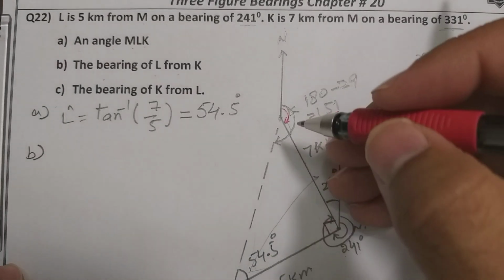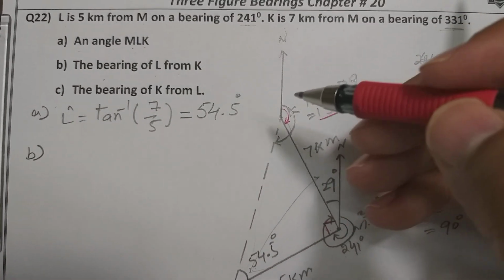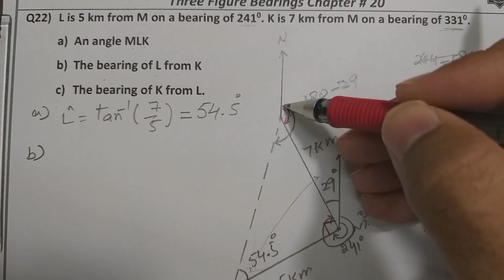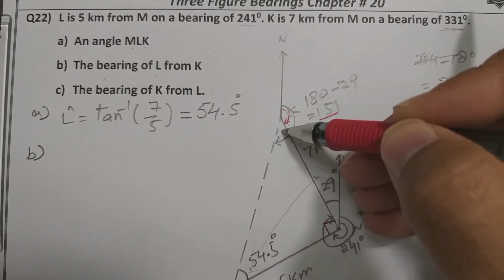Now we need to find the bearing of L from K, so we need the complete angle till here, but we don't have this angle.